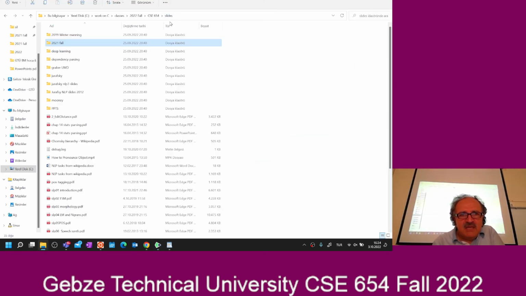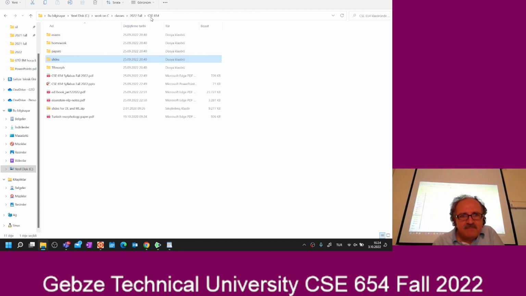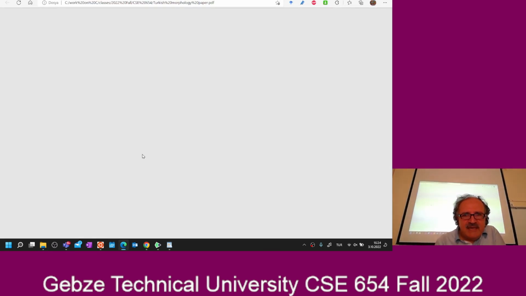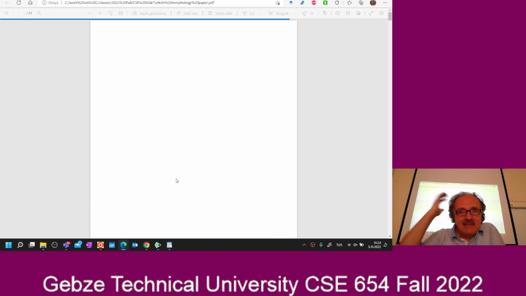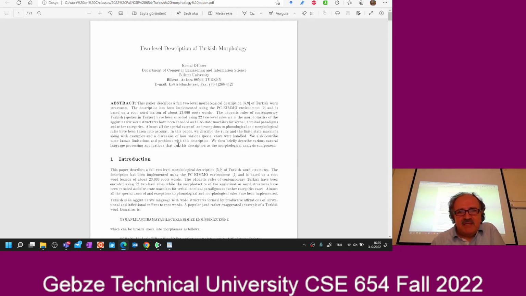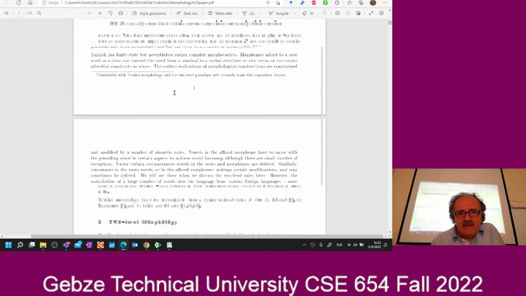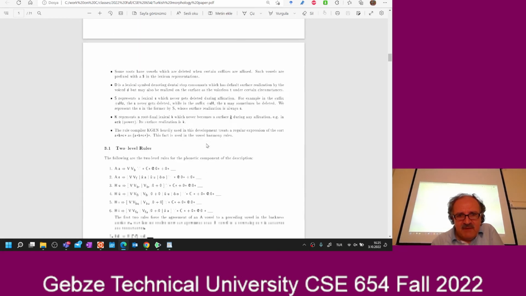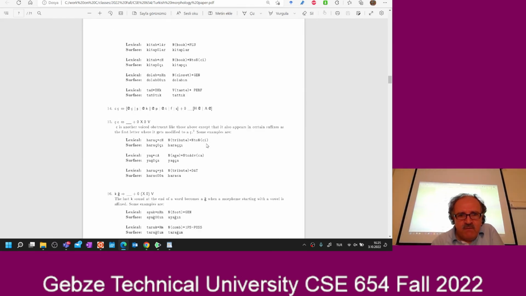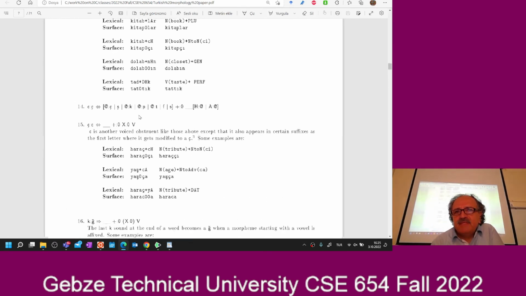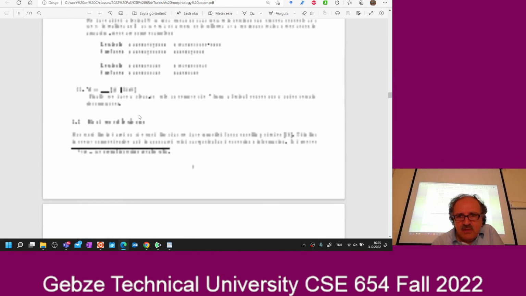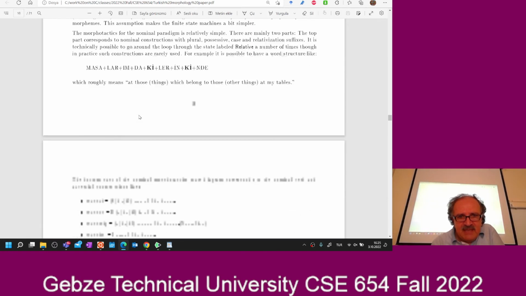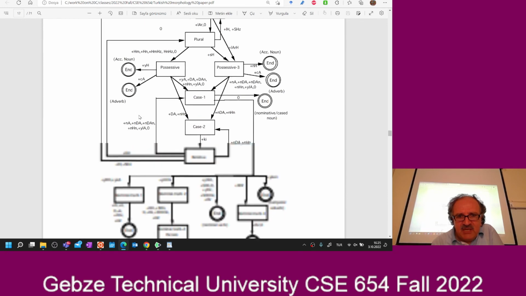I think I should give you this paper of a Turkish morphology parser from, I guess, the 1990s. These are all techniques, standard stuff. I'm going to show you a few. See, these are some of the regular expression rules. I think at the end, he gives the finite state machine. Yeah, okay, good.